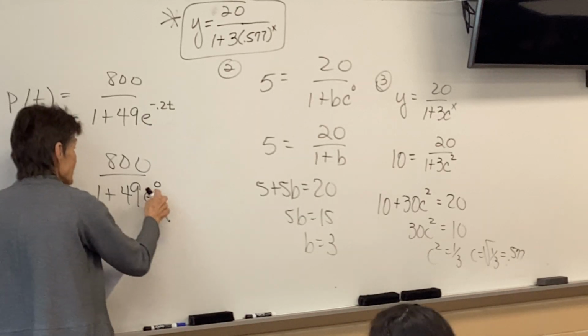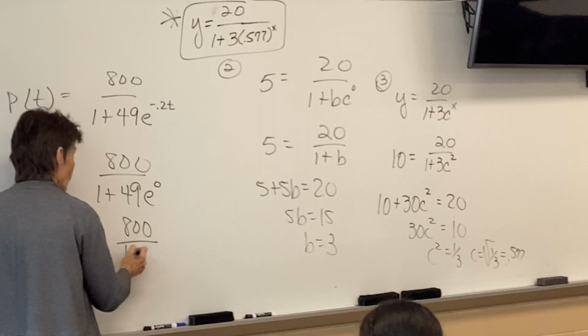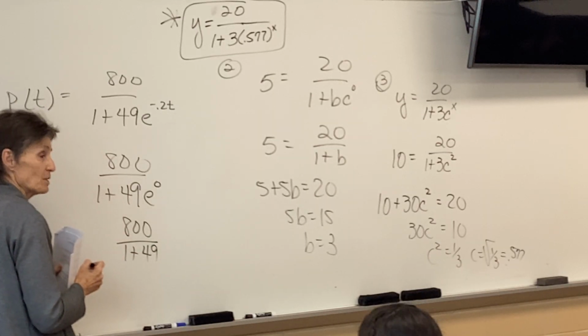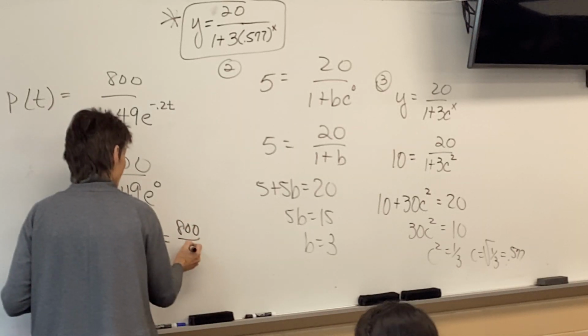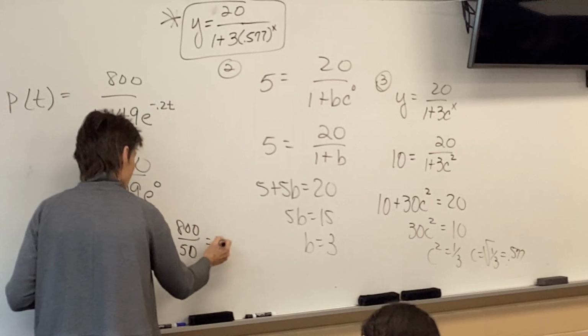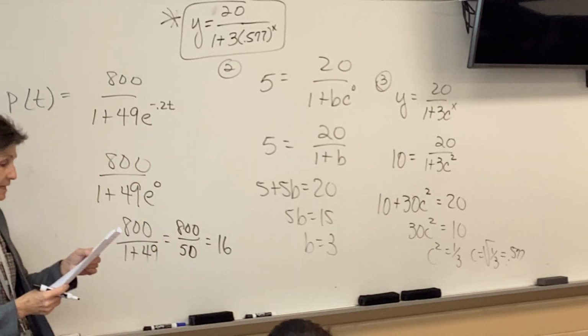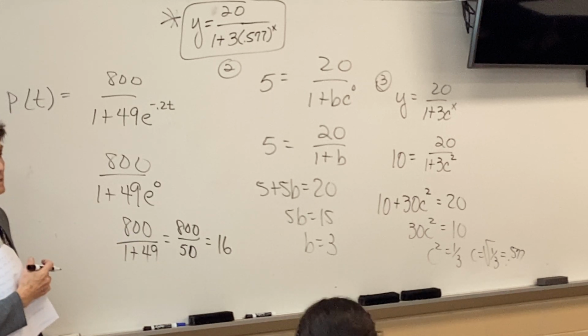And e to the 0 is 1. So we have 800 over 1 plus 49, which is 800 over 50, which is 16. So the initial number of kids sick is 16.